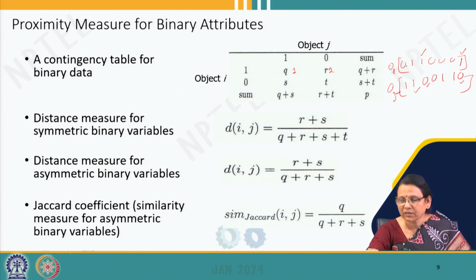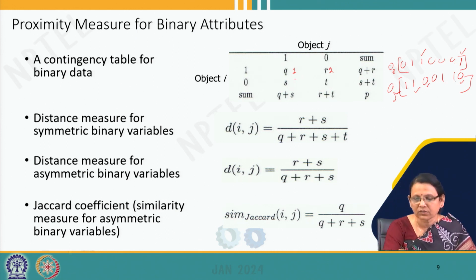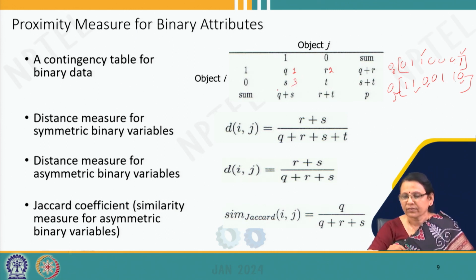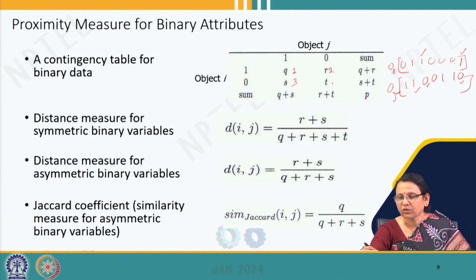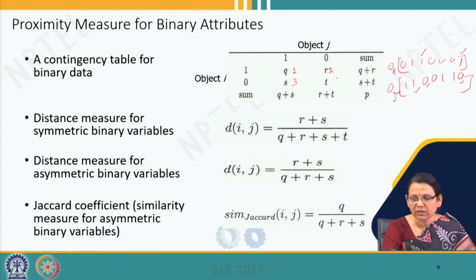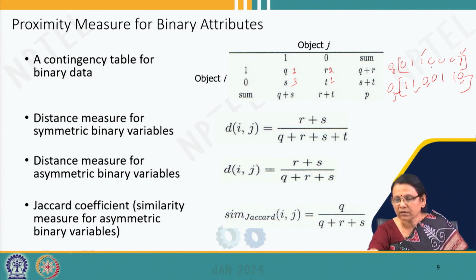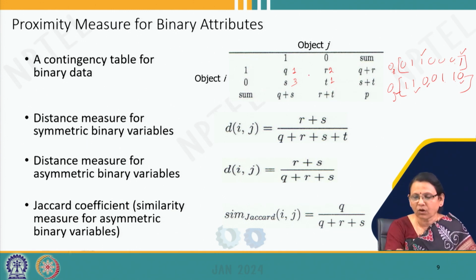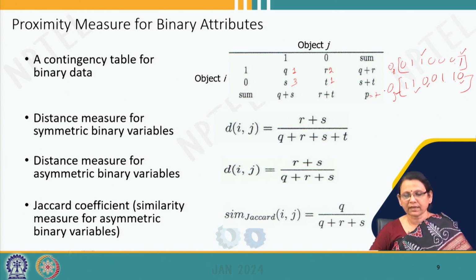So, this person has given 0, this person 1, 0, 1, 0, 1. So, 3 such points. Then both will be giving 0. Both are giving 0 in one instance only. So, 1, 2, 3, 4, 5, 6, 7. So, for all the 7 attributes, P is equal to 7.